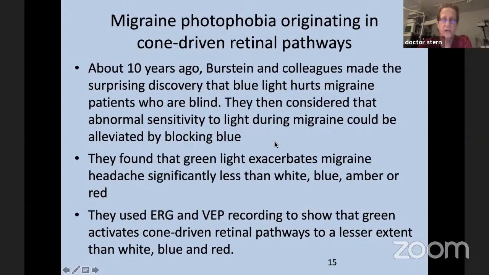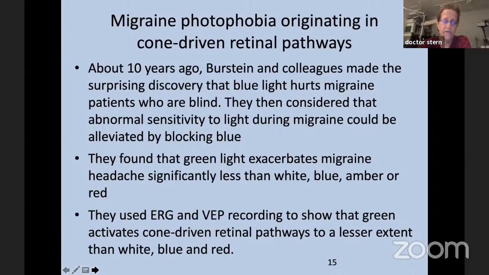Now, some patients who are blind, depending on why they are blind, can still have working ipRGCs enough to react to light, but not see. And so he found again that the green tended to hurt the migraines much less. And they used ERG and VEP to look at these cone-driven retinal pathways.